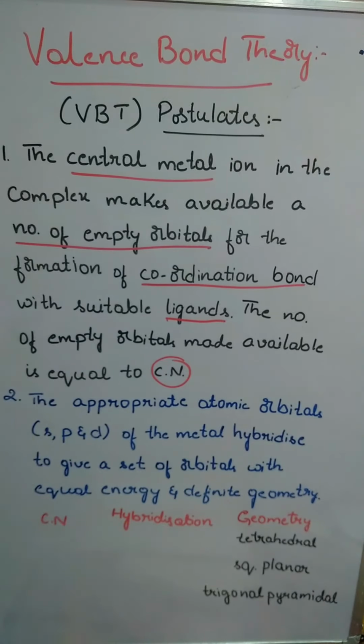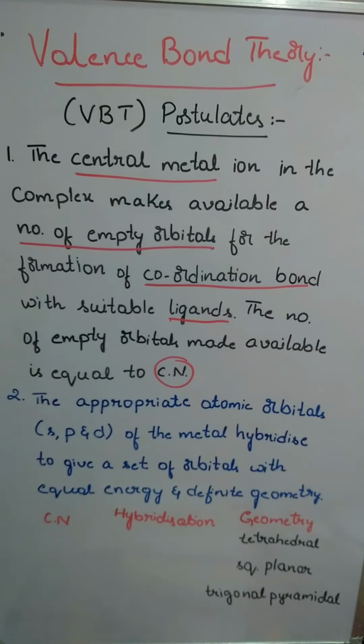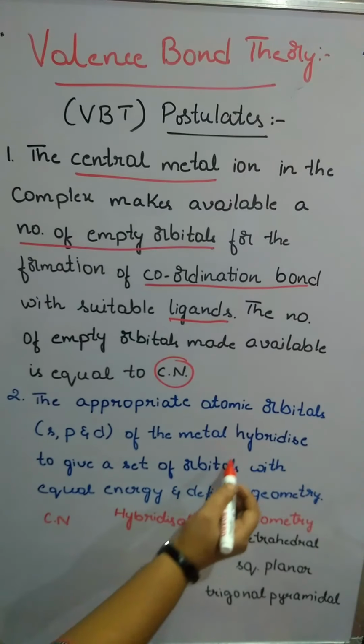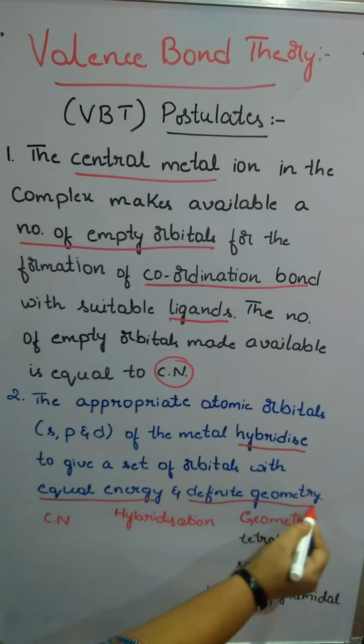The atomic orbitals in the metal are involved in hybridization. The atomic orbitals of the metal should undergo hybridization to have equal energy and a definite geometry.